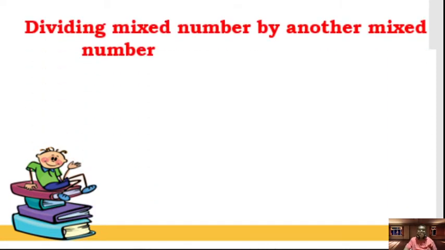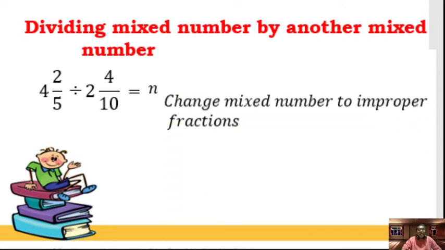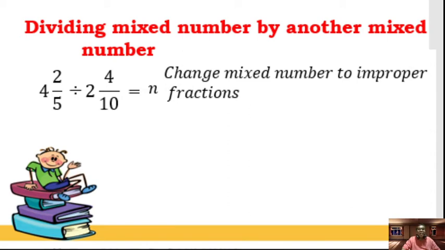Okay, next, dividing a mixed number by another mixed number. So you have 4 and 2/5 divided by 2 and 4/10. Okay, what shall we do here? So of course, that is equal to n. Of course, we have to change the mixed number into improper fraction.